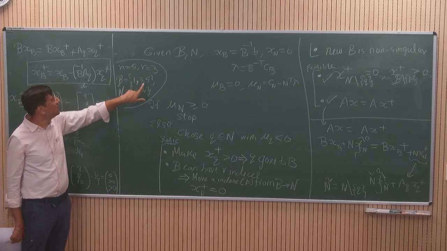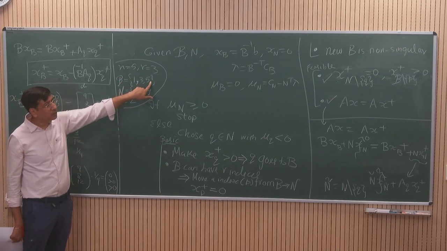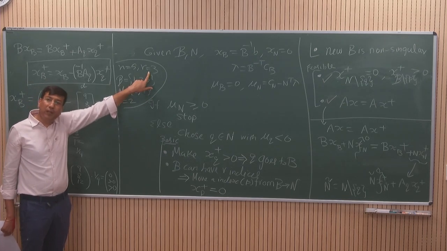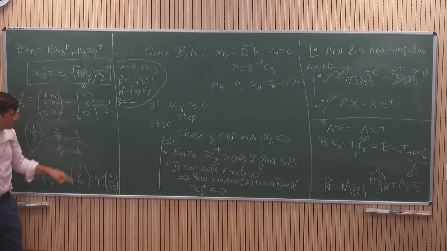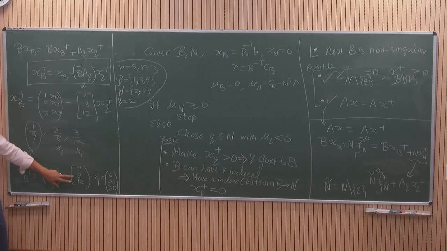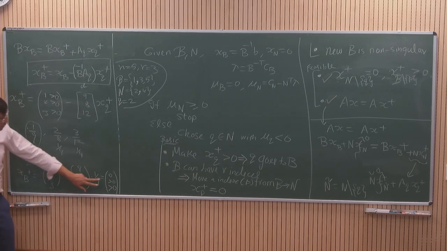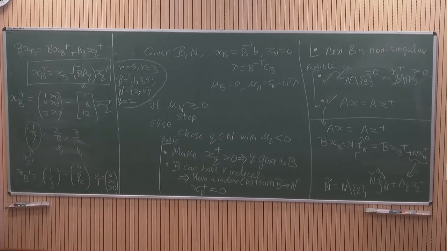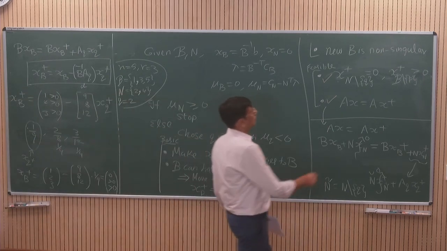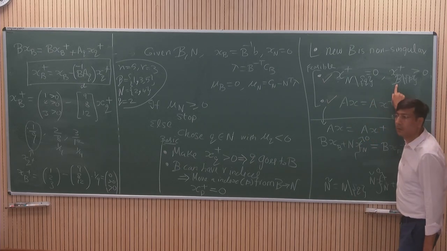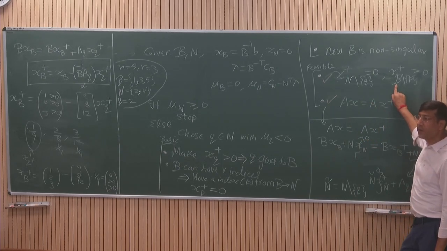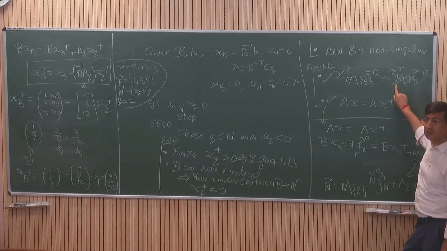The second index of the B set is the third index of the overall set, and the third index of the B set is the fifth index of the overall set. So P is 1, and the remaining two elements, x3 plus and x5 plus, remain greater than 0. Remove 1, 3 and 5. x3 plus is positive, x5 plus is positive, x1 plus is equal to 0. Everybody with me?